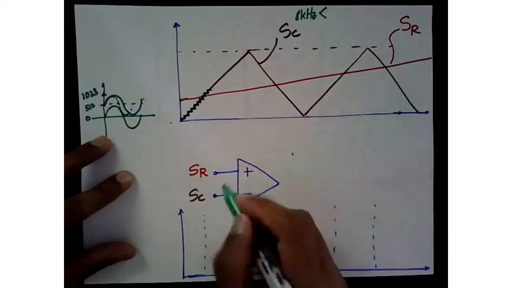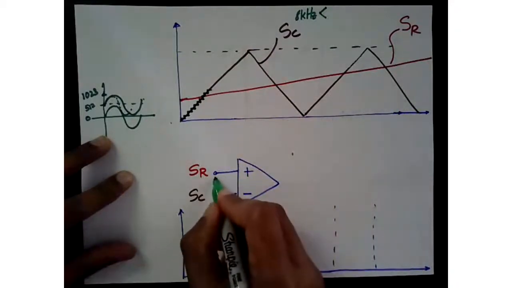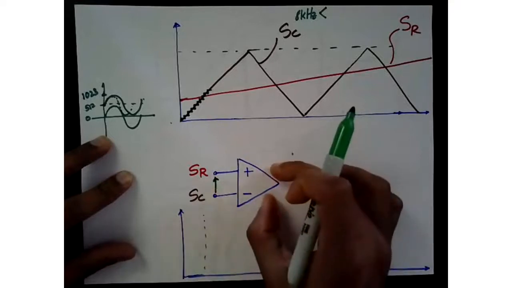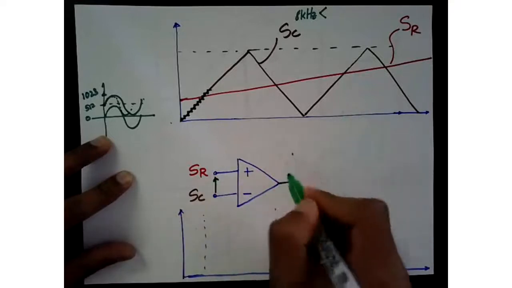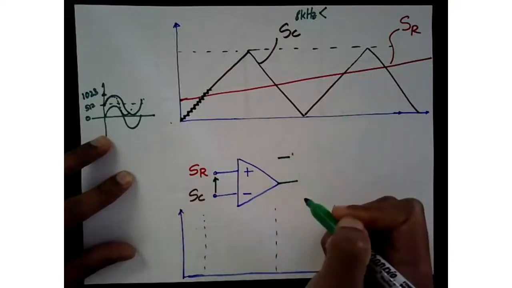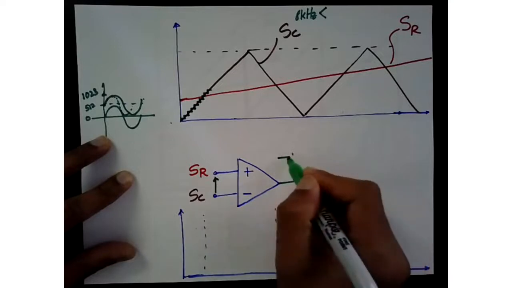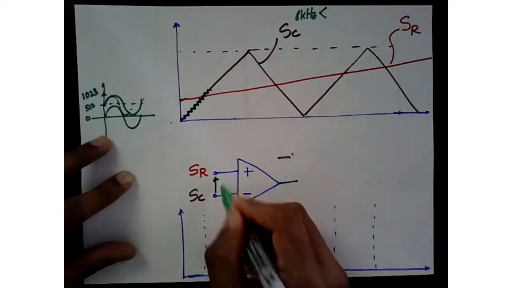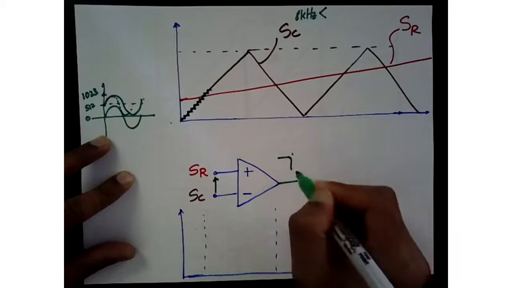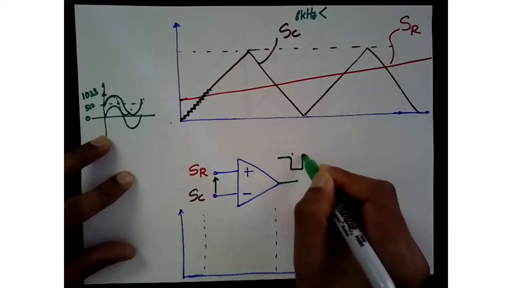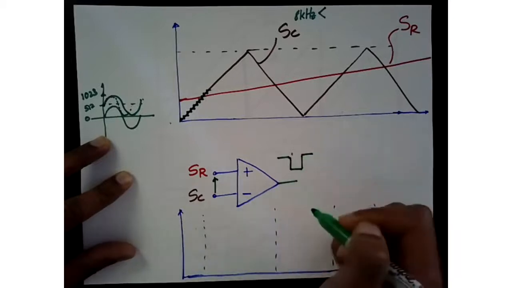If this voltage is positive, the output of the comparator will go high, or rail to the high side. If it's negative, it will rail to 0, which generates our PWM signal.